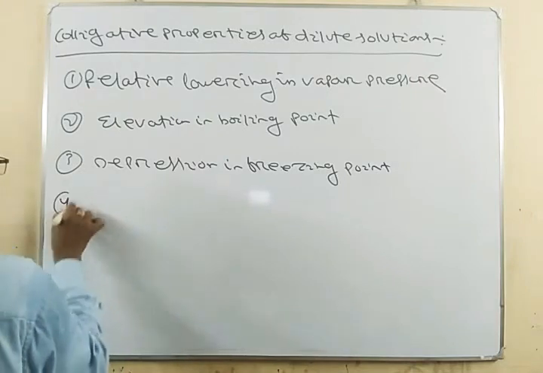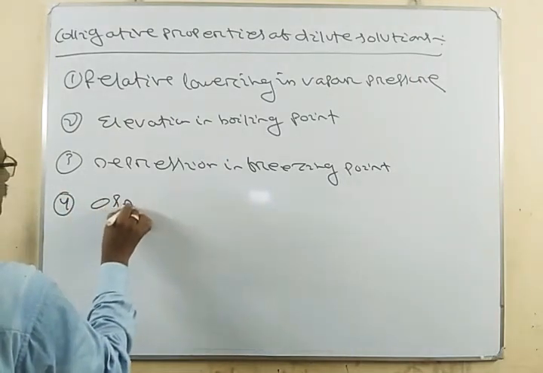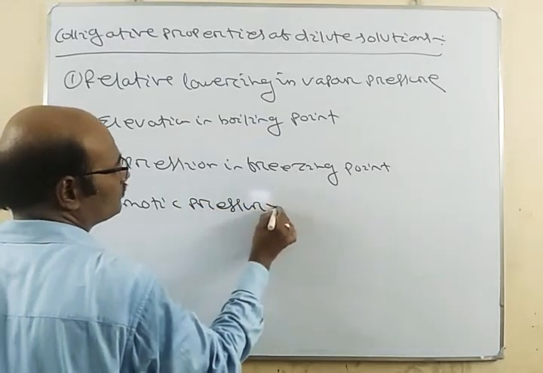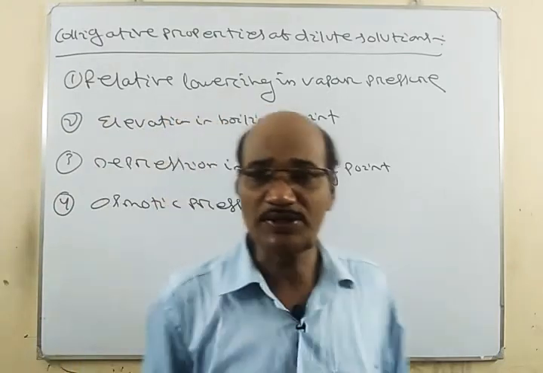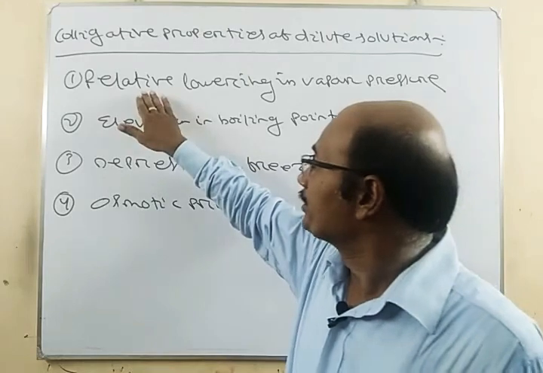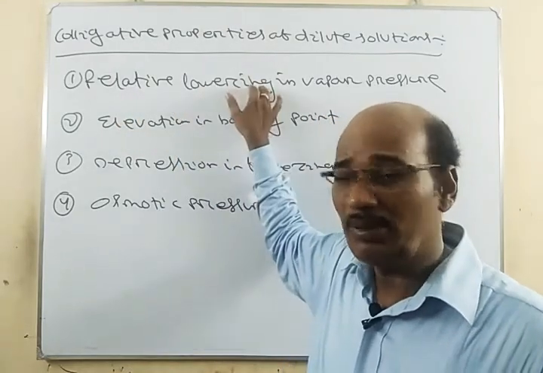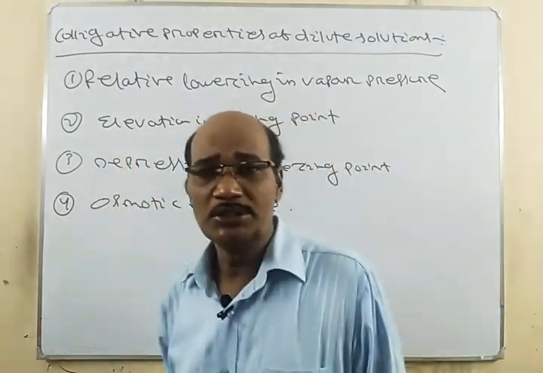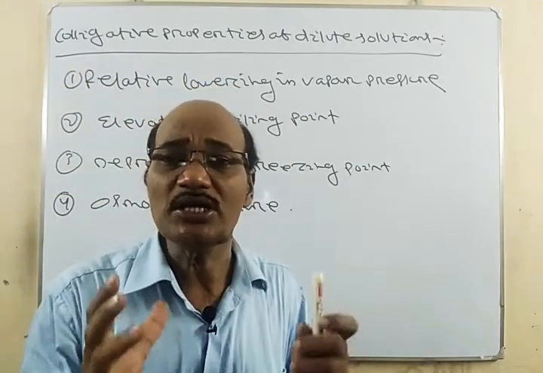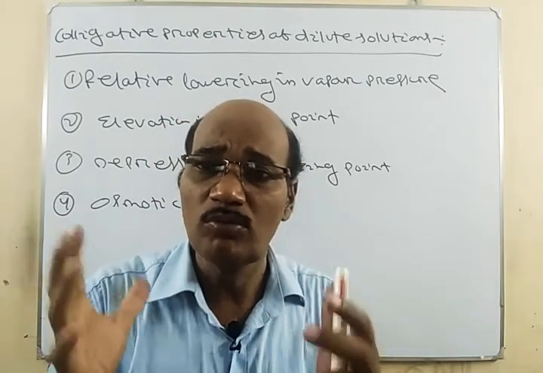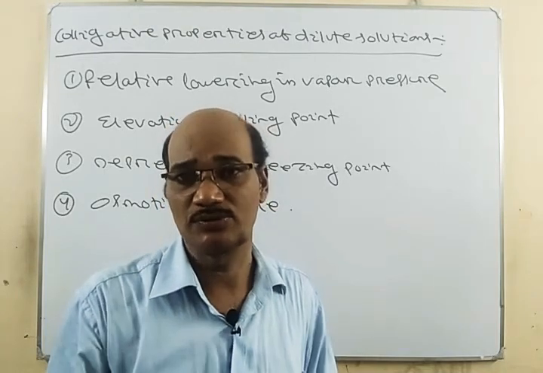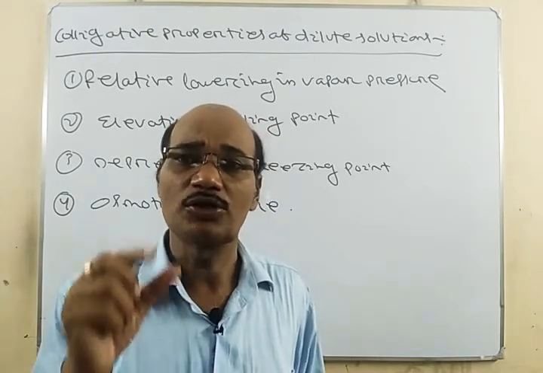Number 4, osmotic pressure. So these 4 are the important colligative properties. Relative lowering in vapor pressure (RLVP), elevation in boiling point, depression in freezing point, and osmotic pressure are the properties which depend upon the number of moles of solute, that is, the number of solute particles. That's why these are called colligative properties.